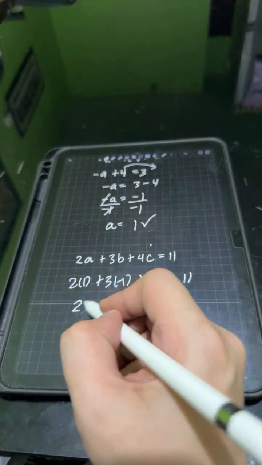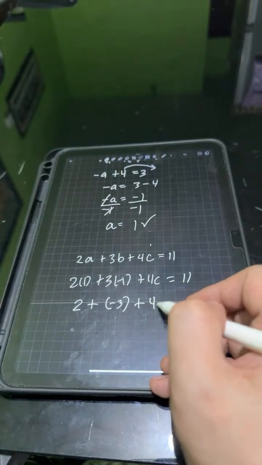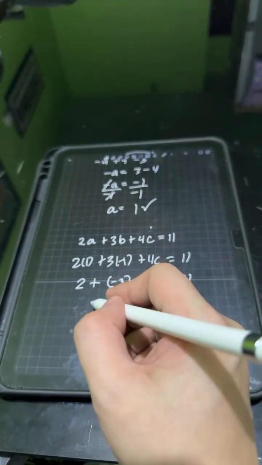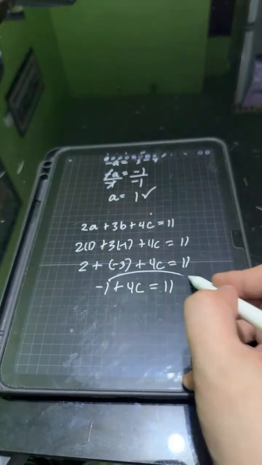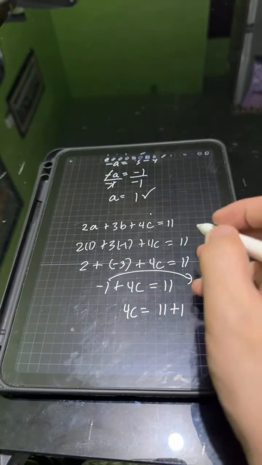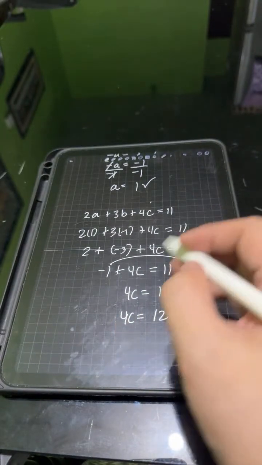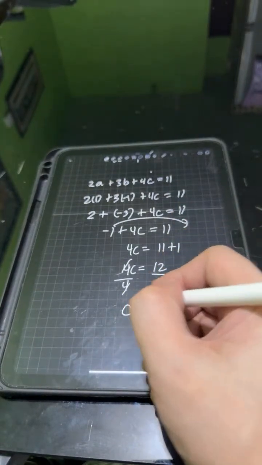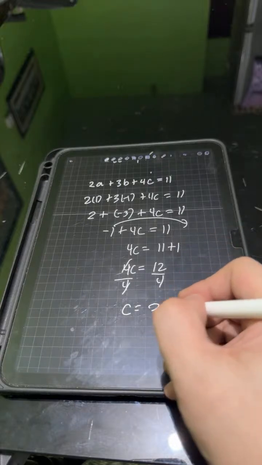So 2 times 1, that's 2, plus 3 times negative 1, negative 3, plus 4c equals 11. 2 plus negative 3, negative 1, plus 4c equals 11. Transpose this negative 1 to the right side. 4c is 11 plus 1, or 4c is equal to 12. Then divide both sides by 4, so that c is equal to 12 over 4, or 3.